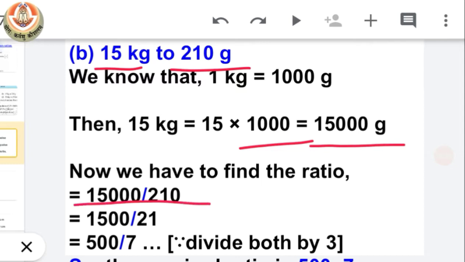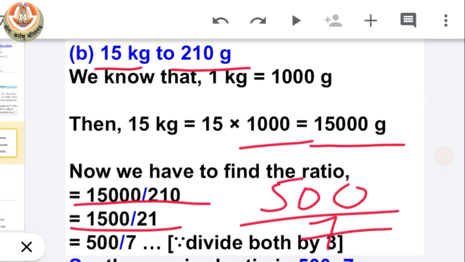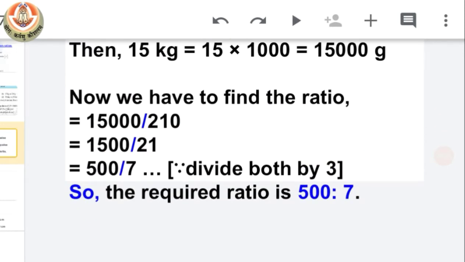So we put 15,000 upon 210, 0 cancels out with 0, and then we divide both the numbers by 3. So in the numerator we get 500 and in the denominator we get 7. Okay, so our ratio is 500 by 7.